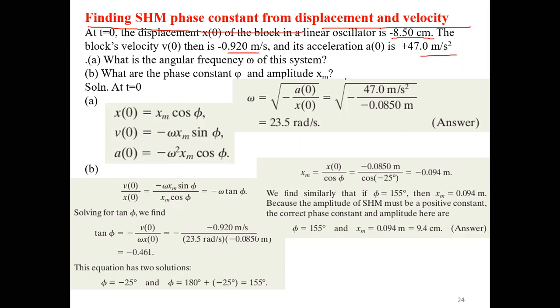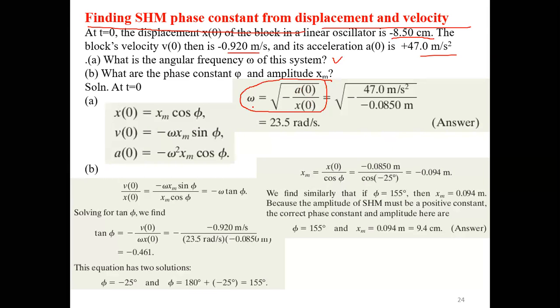Now, what is the angular frequency omega of the system? From what we have seen previously, omega is the square root of a by x0, because a is actually omega square x. We know acceleration is minus omega square x.